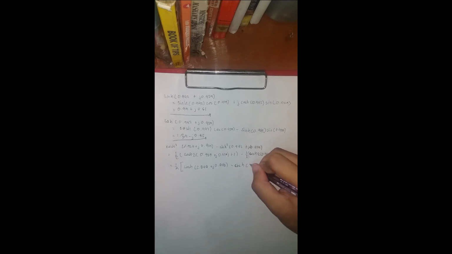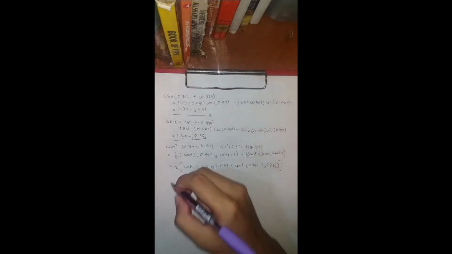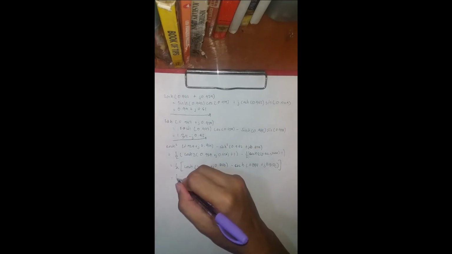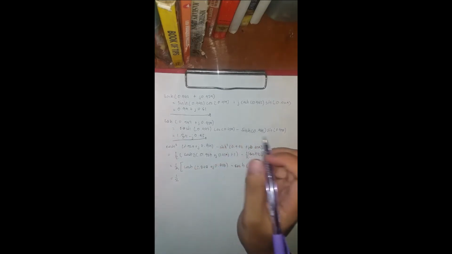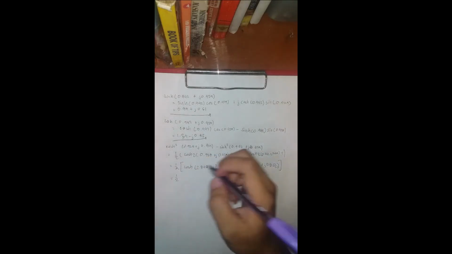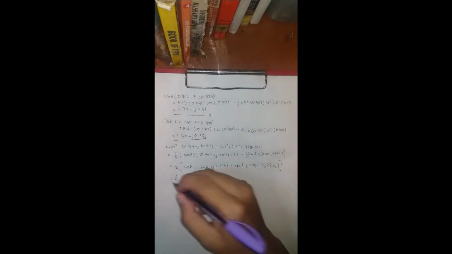We have here 0.884 plus j 0.858. Then we use the hyperbolic formula of your cosine.